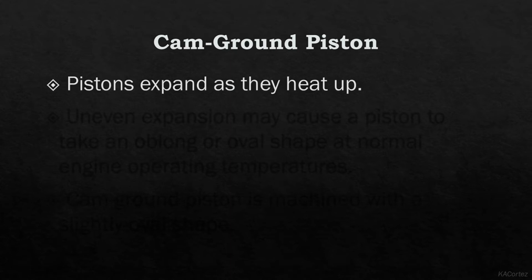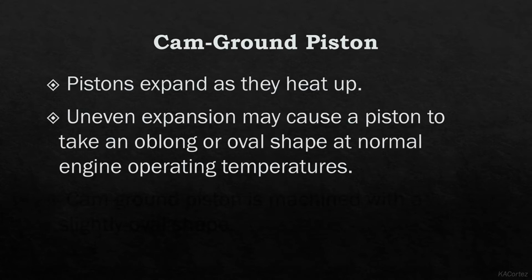Pistons expand as they heat up. Due to the added mass at the piston boss, most pistons expand more along the piston boss than perpendicular to the piston boss. This results in uneven piston and cylinder wear.